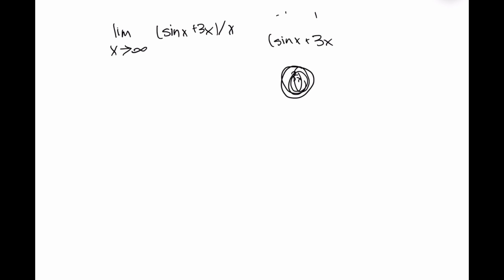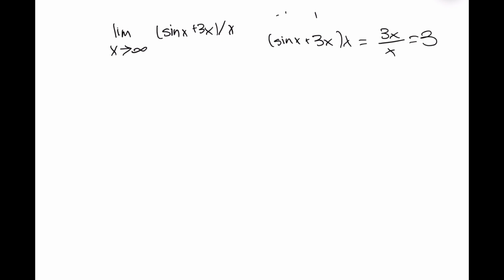And then we divide everything by x. But since sine of x is just equal to 1 or -1, or any numbers in between, the function will just be about 3x over x. And this whole thing will just become 3.